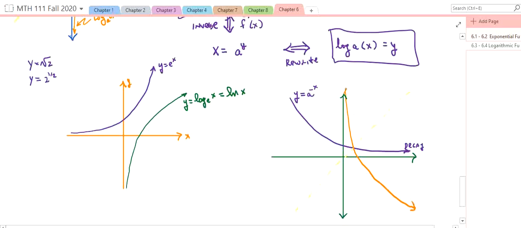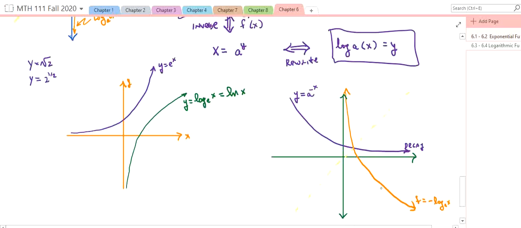So the inverse of a decaying exponential function is f of x equals log base a of x, but it's negative. There's a negative in front of it. That's what flips this around, so it's not up this way anymore.